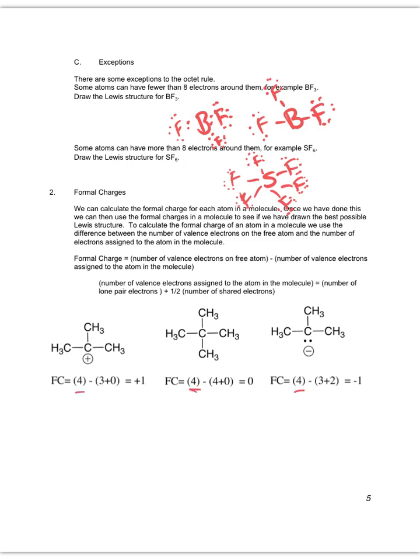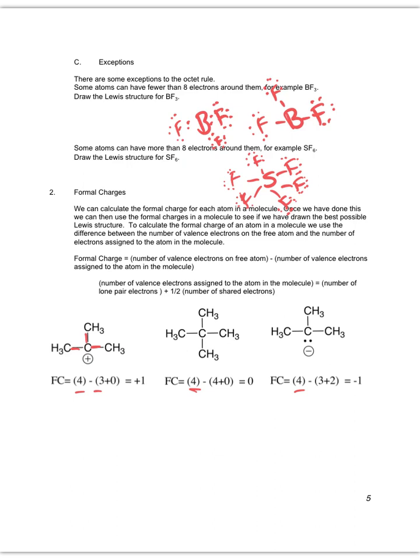Then from that, we subtract the number of valence electrons assigned to each of them in the molecule. So in this first one, we have 3 bonds to it, no lone pairs. Half of the electrons in the bond are assigned to the carbon. So that's 3. There are no lone pairs, so 4 minus 3 gives us a +1.